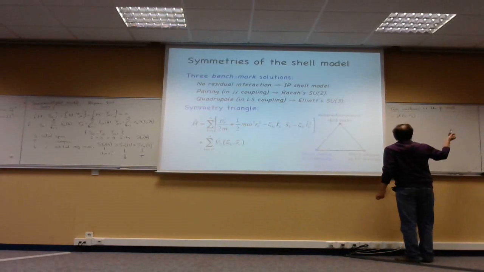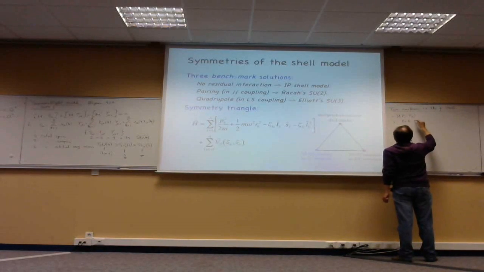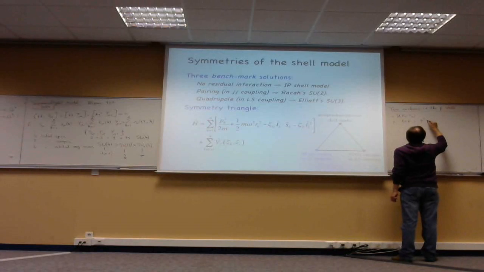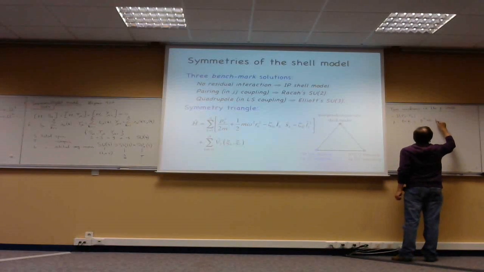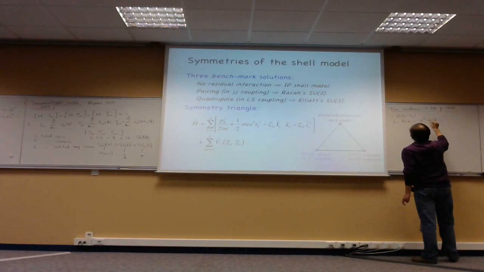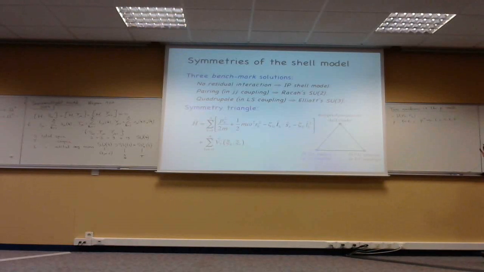P means L equals 1, so P squared, I can couple to total orbital angular momentum 0, 1, 2. I haven't said anything about antisymmetry yet.